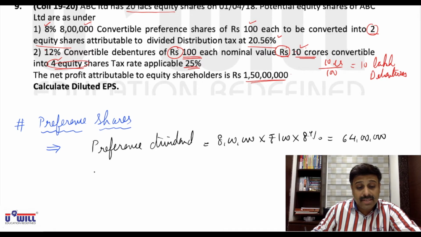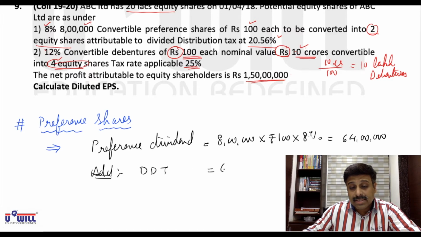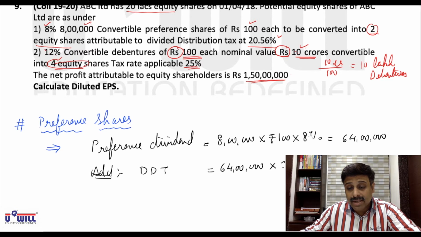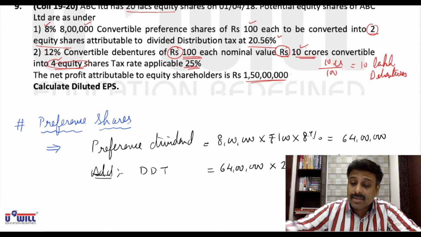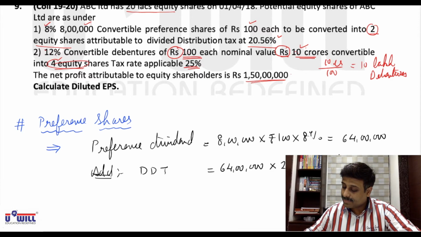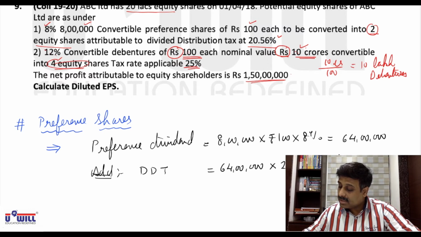Further, to the preference dividend, we will add the dividend distribution tax. So DDT on that preference dividend would be 64 lakhs into 20.56%. Count it everyone. 64 lakhs into 20.56%.